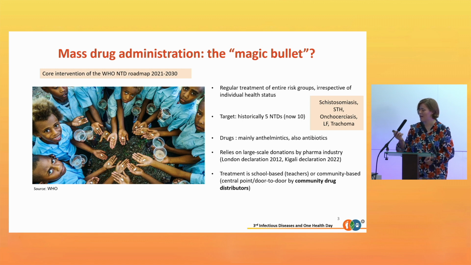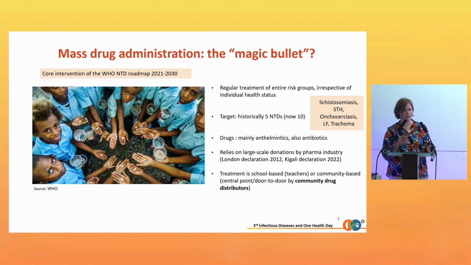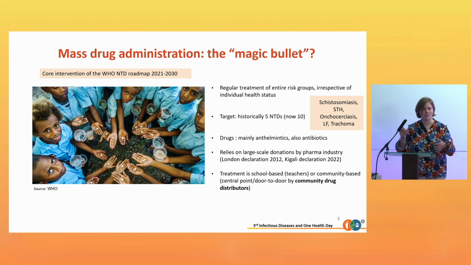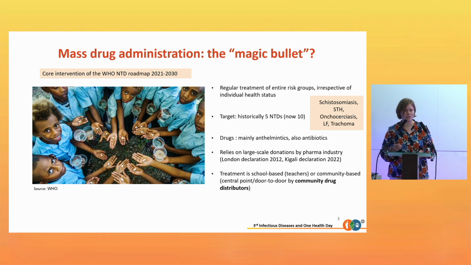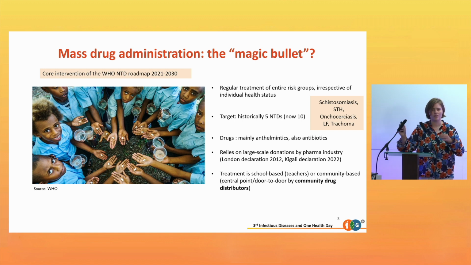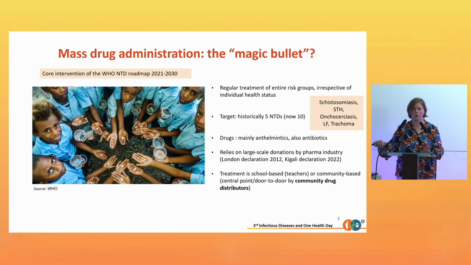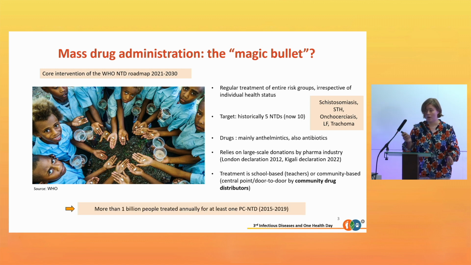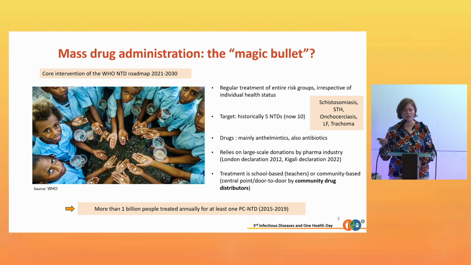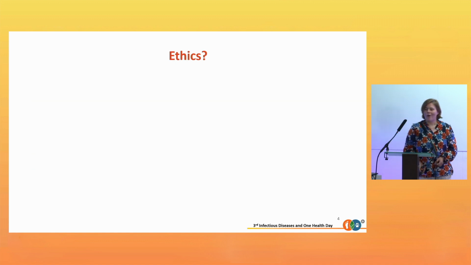The treatment can be done in schools, and then it's usually done by teachers, or it can be delivered as a community-based treatment by volunteers called community drug distributors, CDDs, in central point locations or from door to door. More than 1 billion people were treated annually for at least one of those NTDs, from 2015 to 2019. So why do I want to talk about ethics in that context?